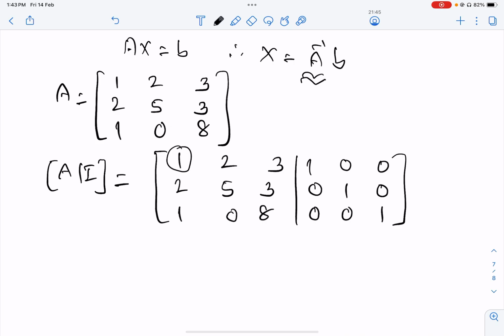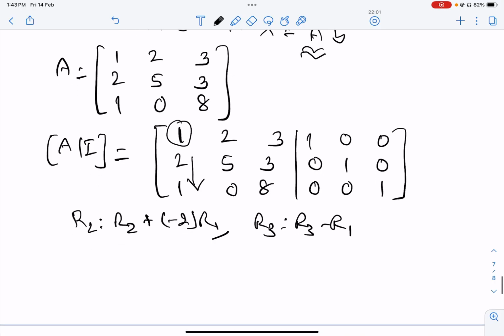So now here we have 1, make this 2 to be 0. So R2 plus minus 2 times R1, minus 2 multiplied and 2 added, so that is 0. And R3 minus R1. So then we have 1, 2, 3, 1, 0, 0.